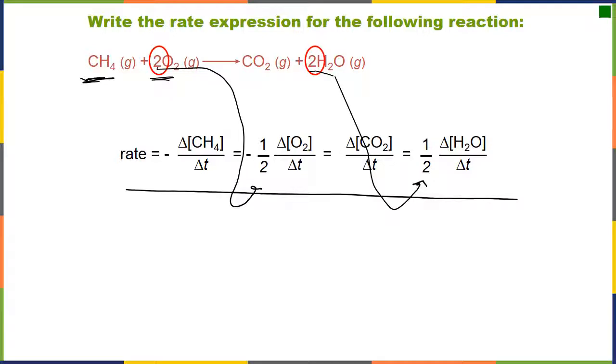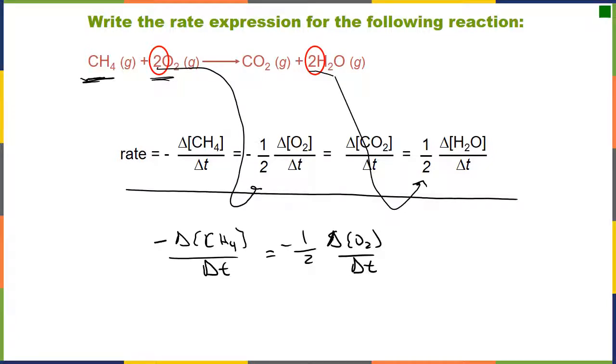And notice you can work backwards. If you wanted to go from our minus change in concentration of methane over delta t is equal to minus 1/2 the change in concentration of O2 over delta t, and we wanted to turn this back into the reaction, we know these guys are negative, so we know they're reactants.